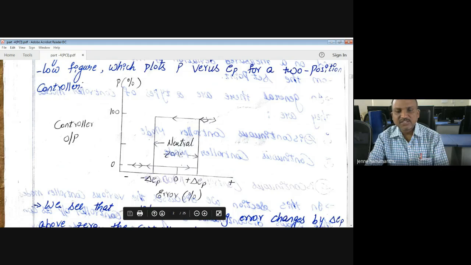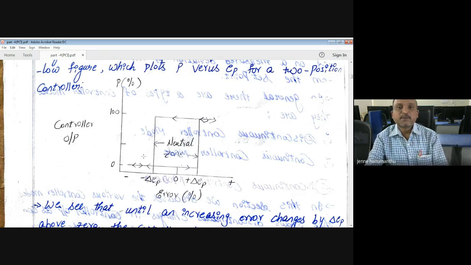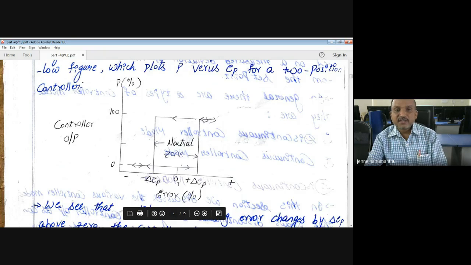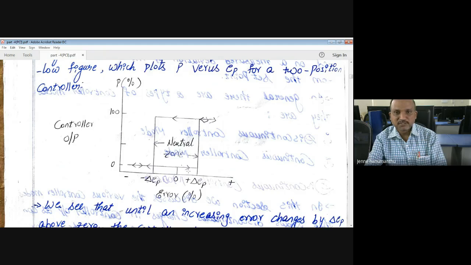If error is greater than 0, up to some positive del EP, the control is 100%. Understand my point? If error is in between 0 and plus del EP, no control response. And in between 0 and minus del EP, no response. That is called neutral zone.